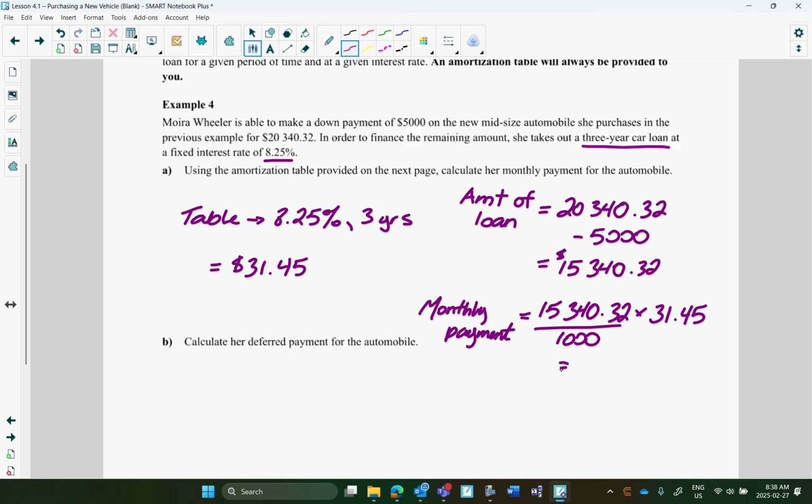And we get $482.45 monthly. Okay. So again, this is very similar to what we did when we figured out how much a mortgage payment was per month: using an amortization table, figuring out how many thousands, and then multiplying that by whatever the loan amount was.